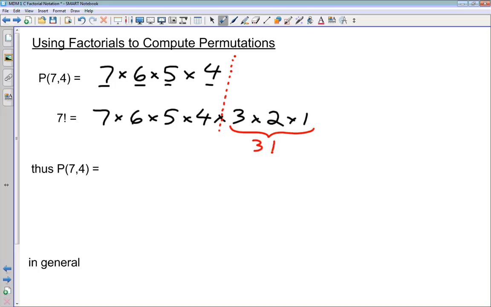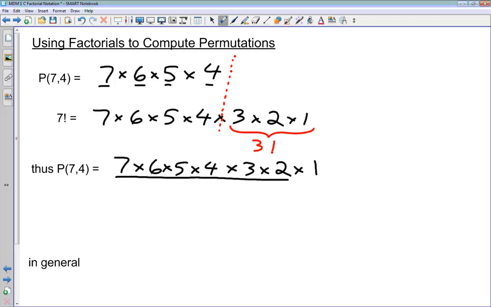Now the part that makes them different is 3 times 2 times 1, or 3 factorial. So we can make this expression, P(7,4), equal to 7 times 6 times 5 times 4 times 3 times 2 times 1 if we divide out the 3 times 2 times 1, i.e. we want these things, top and bottom, to cancel out, right?